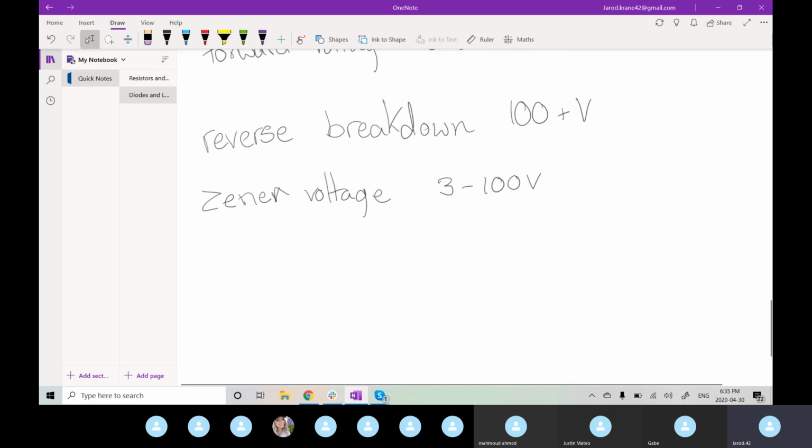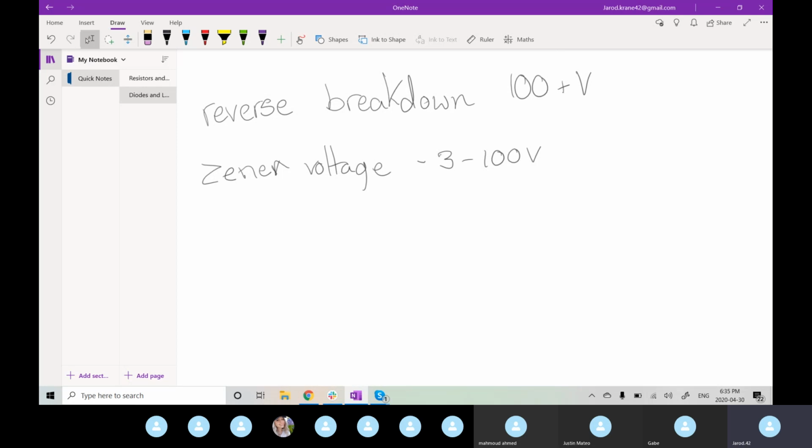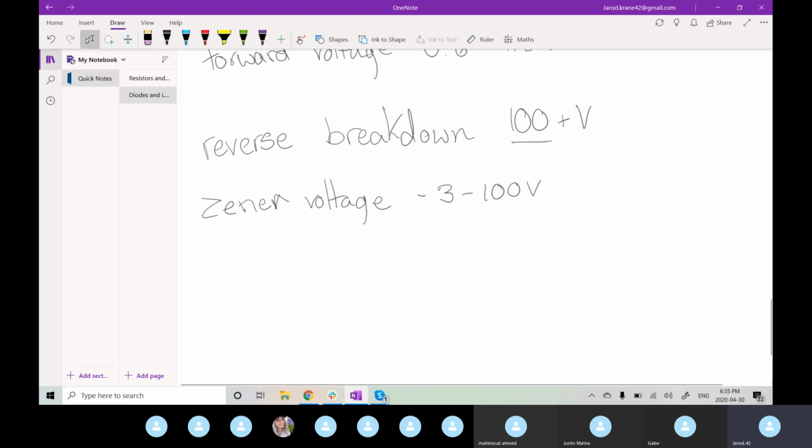The thing about this Zener voltage is that it's a very predictable breakdown voltage. Unlike the actual reverse breakdown voltage, which is inconsistent and will happen over a larger range, the Zener voltage will happen at the rated voltage. It'll allow current flow in the opposite direction.